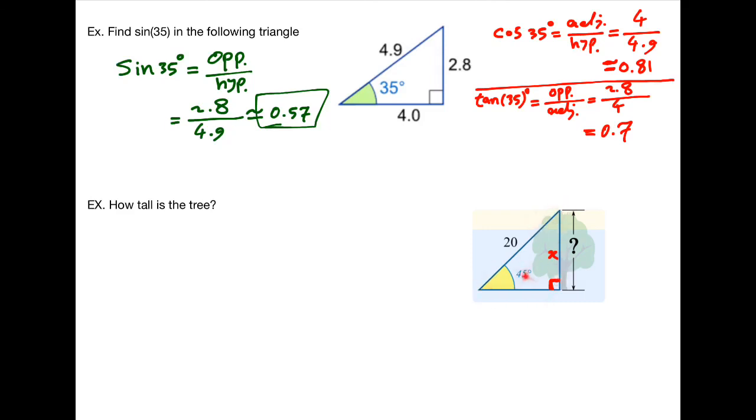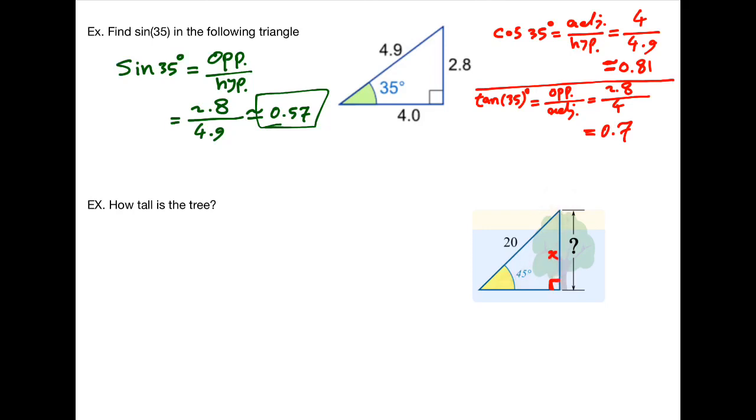But what if this 45 was just 40? What if it was 38.7? Then I couldn't use the Pythagorean theorem. So trigonometry is a little bit more general than the Pythagorean theorem. So I'm going to use trigonometry here. The hypotenuse is given, and you want to find the side opposite to this angle.